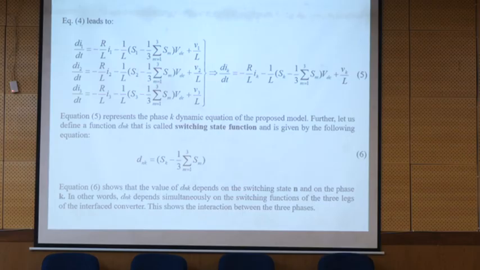Okay, so we have D1, the current change in phase 1, equal to R over L times I1, and this is the switching, and this is VDC. We have three phases, we write in a single phase. Is it hard to reach this equation? It's very straightforward.